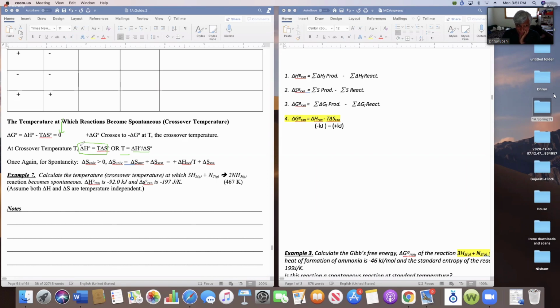We write down the equation here: T equals delta H divided by delta S.